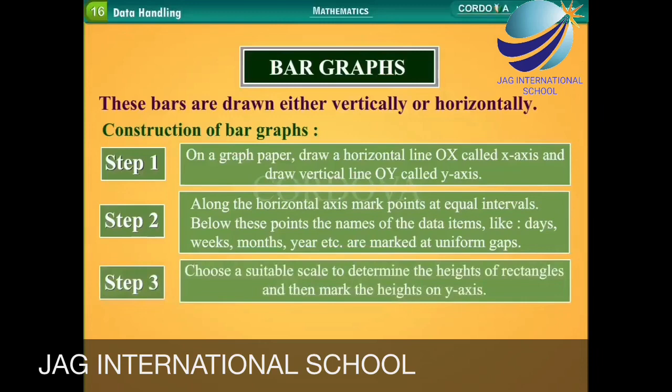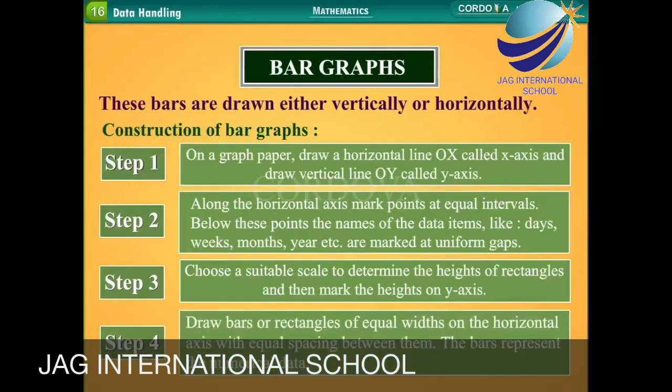Step 3. Choose a suitable scale to determine the heights of rectangles and then mark the heights on y-axis. Step 4. Draw bars or rectangles of equal widths on the horizontal axis with equal spacing between them. The bars represent the numerical data.